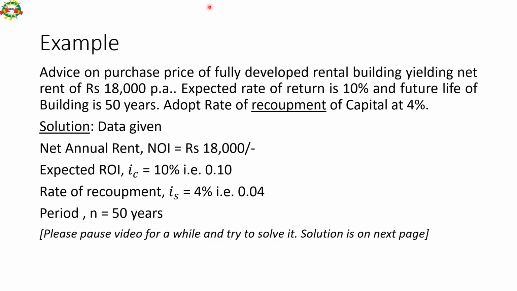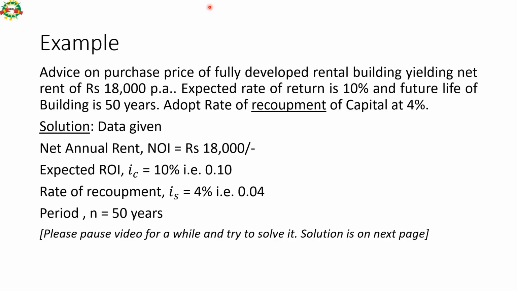So this is an example. Advice on the purchase price of a fully developed rental building yielding a net rent of 18,000 rupees per year. So there is a building which gives 18,000 rupees of annual rent, net annual rent.